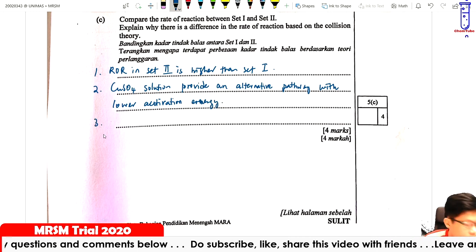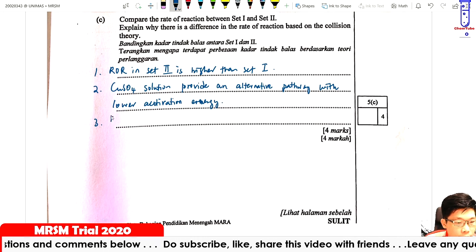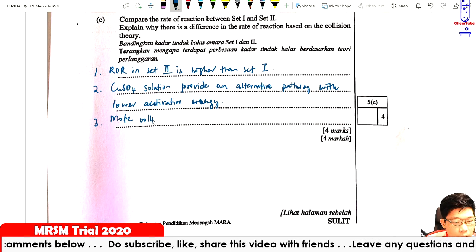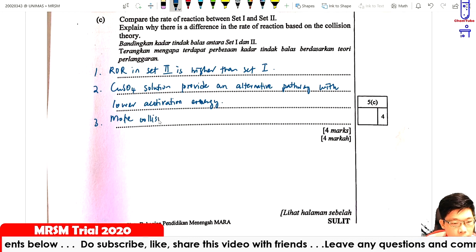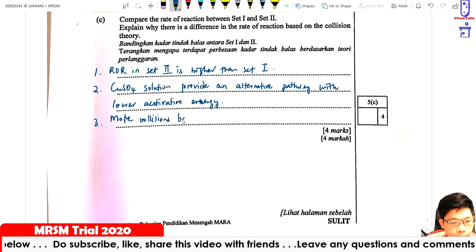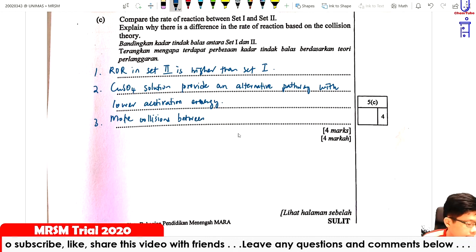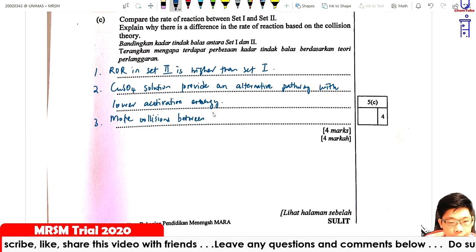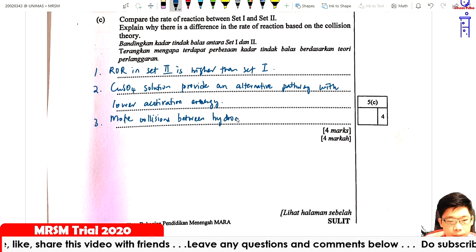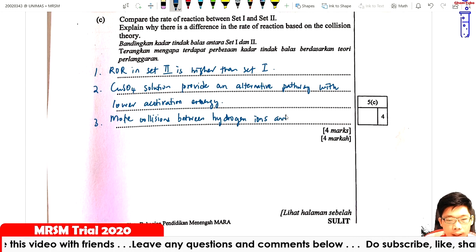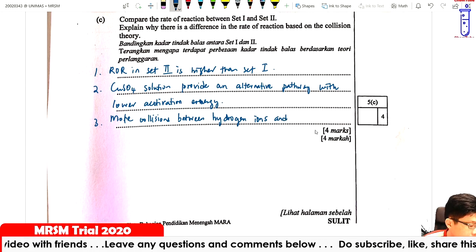Point number 3, more collisions between the particles here, between the hydrogen ions from the acid and the magnesium.